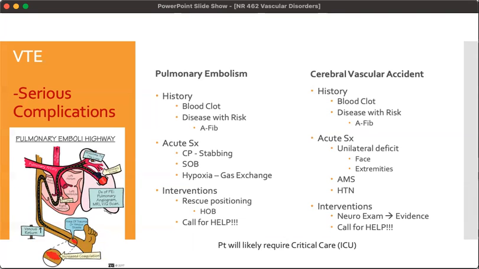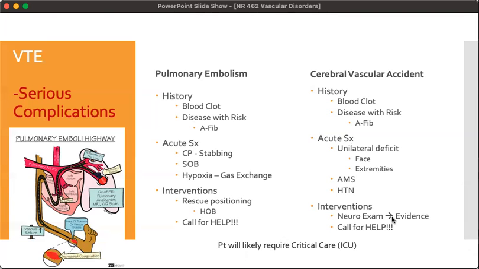So it's almost like their Glasgow Coma Scale type rating is going to go down because they're not going to be as cognitively intact. Also hypertension. One of the body's natural responses to a blood clot in the brain is to try to increase the pressure and get perfusion to the brain. So there could be acute and emergent hypertension immediately after an occlusive stroke. So we want to watch out for that.